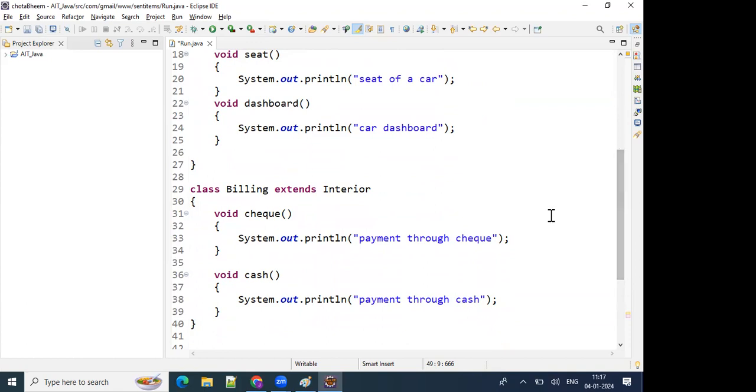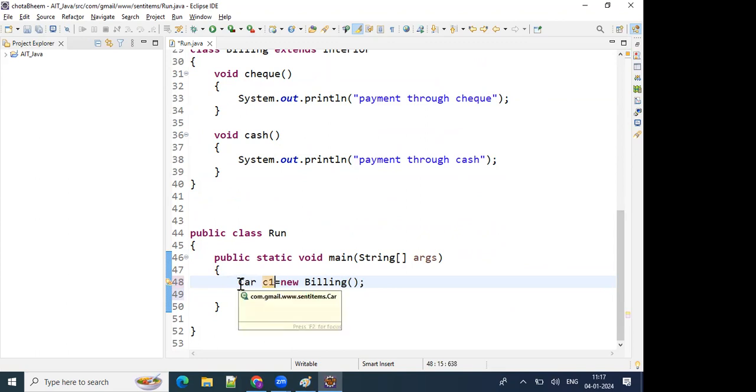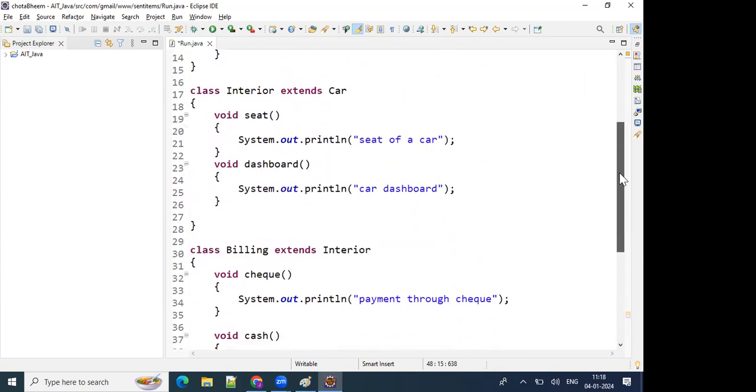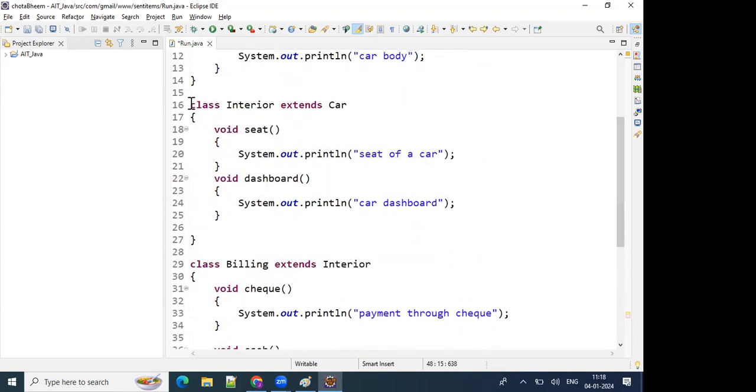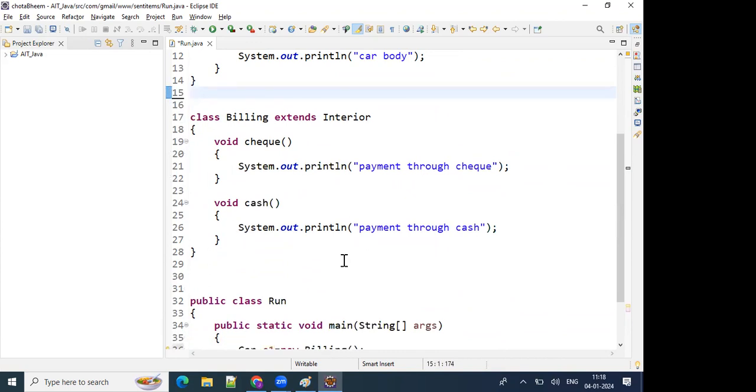Okay. Now you did upcasting. Once after upcasting, see what I will do. I will write car C1. Okay? Now I am removing this interior. I don't want it. I have only car and billing.